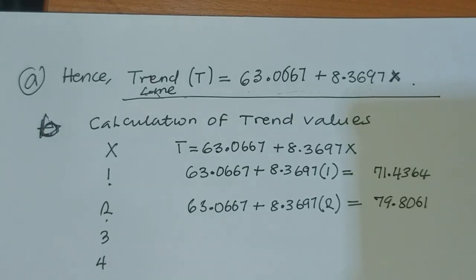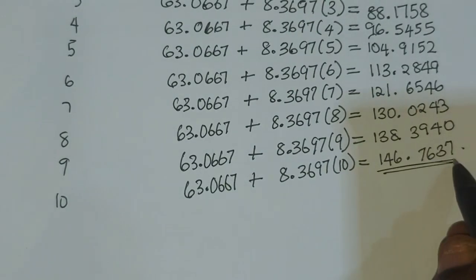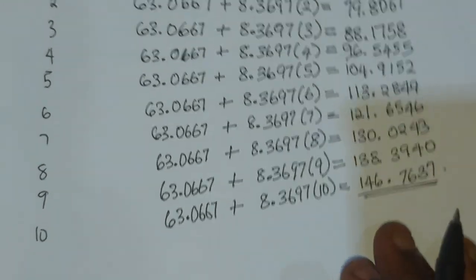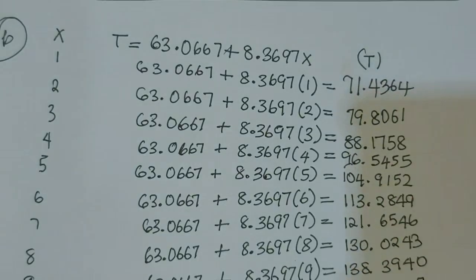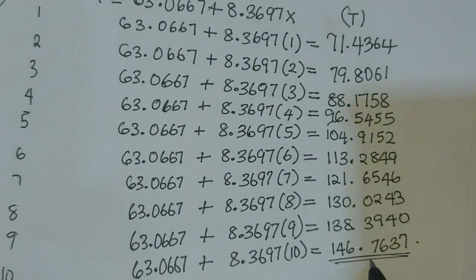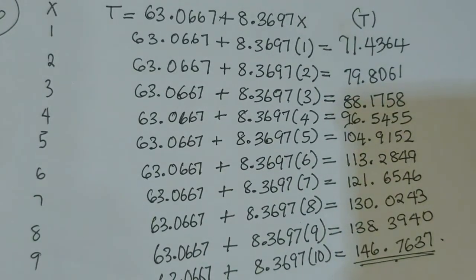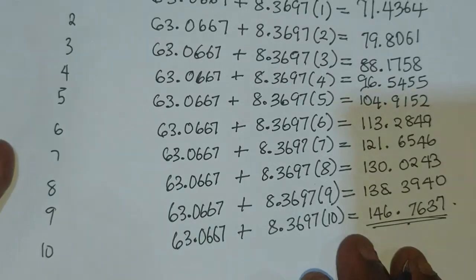All right, so you continue in that manner until you have the last figure. That's the last trend. So that is how to calculate your trend value, the t value. All right, class, hope you understand this. Please, you can pause the video to check this. Use your calculator. A student at this level should be able to manipulate the calculator.